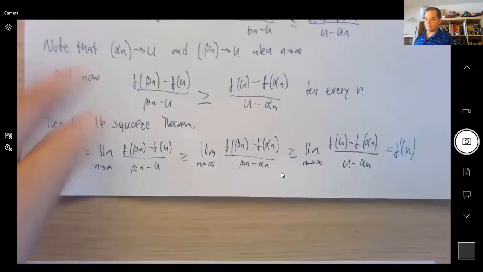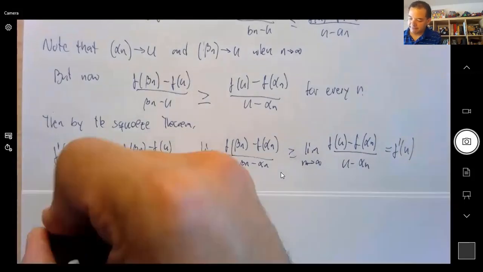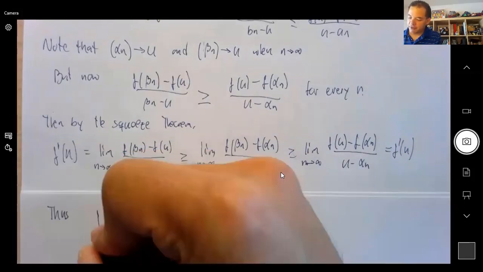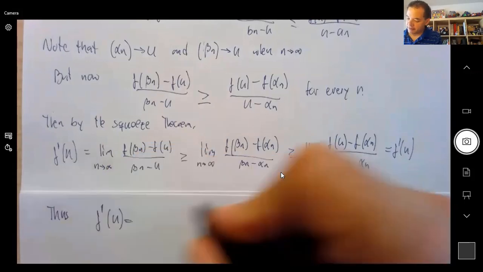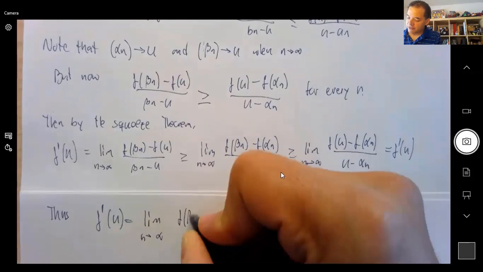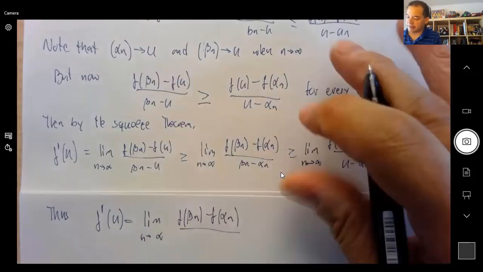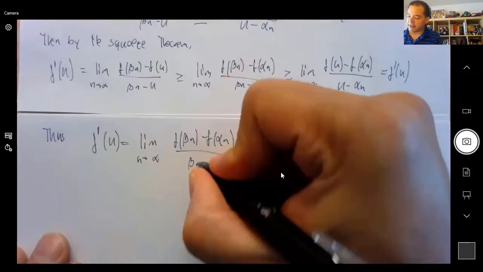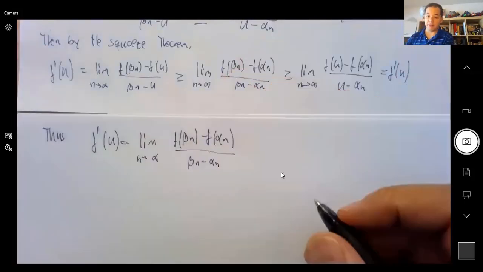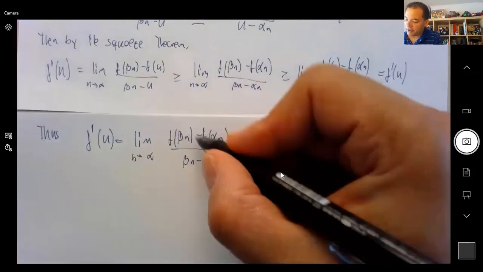So it means by the squeeze theorem, f prime of u is this. Now you may be wondering, but hold on, professor, we didn't want this with betas and alphas. We wanted it with alpha and with A and B. Well, yes, but what is this quotient over here?